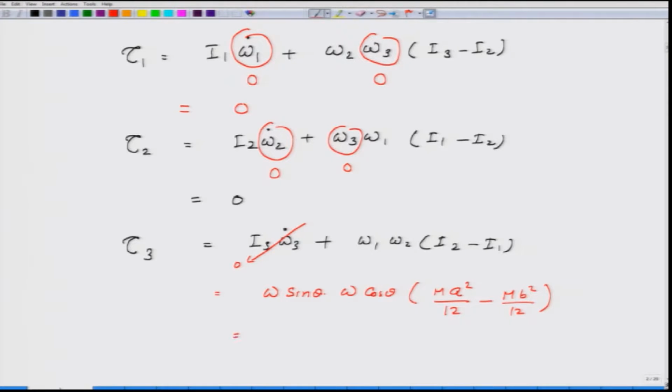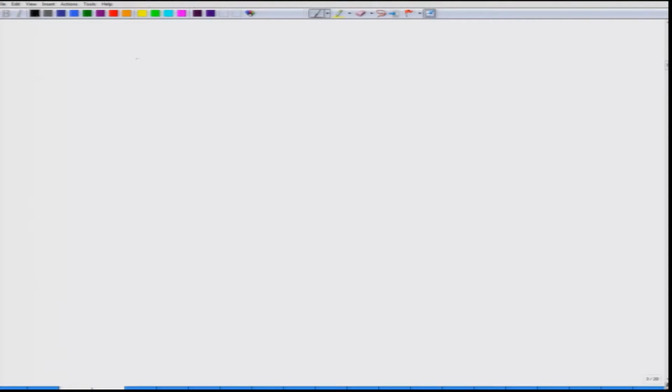So, this comes out to be omega square sin theta cosine theta m over 12 times a square minus b square. Since we have taken a to be smaller than b, we get tau 3 equal to minus m omega square sin theta cosine theta over 12 times b square minus a square. That means it is in the negative 3 axis.